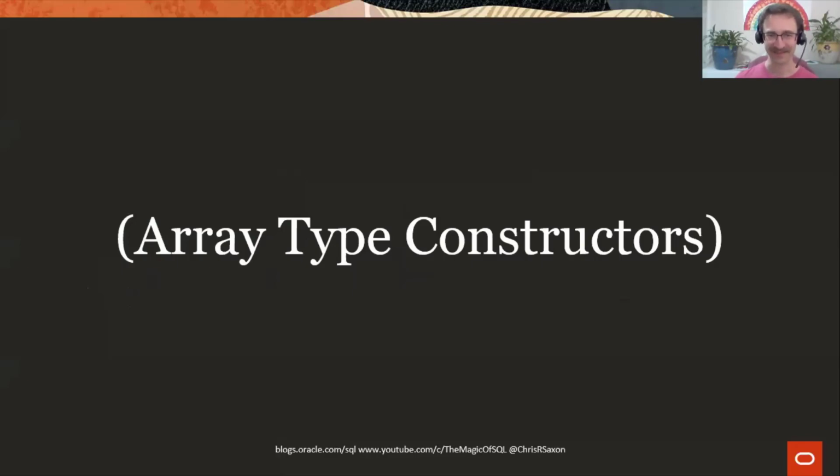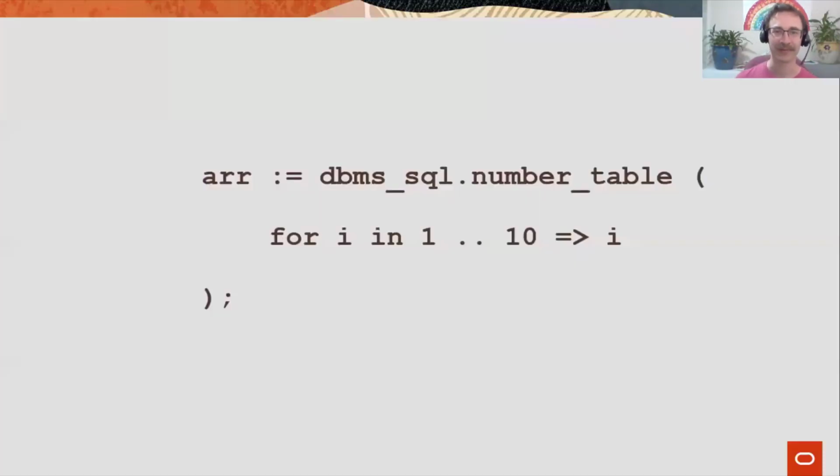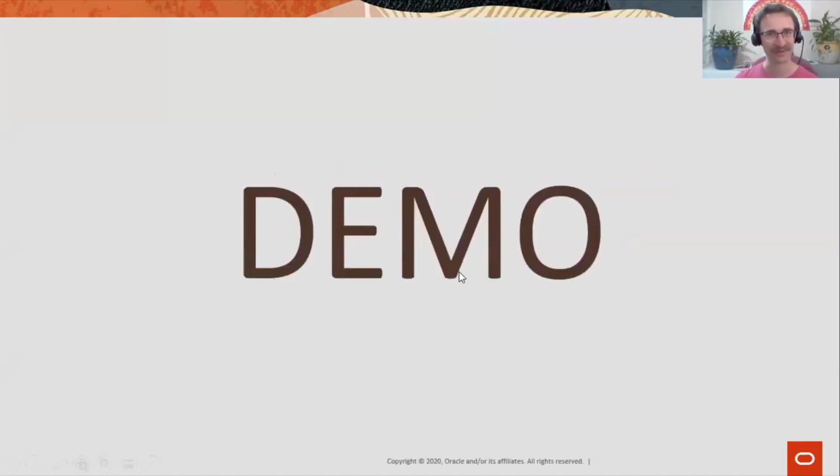Instead of saying USD equals whatever, we can now set values using a for loop. Something like this will initialize this array with all the values from 1 to 10. Again, there's a lot of power here, a lot of cool things we're going to do.